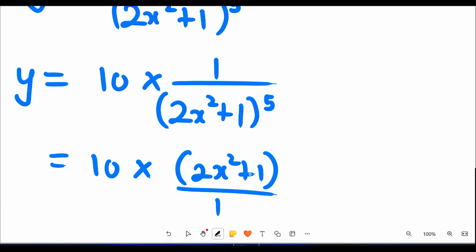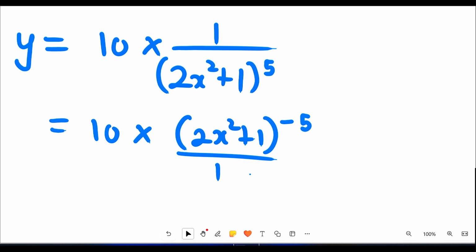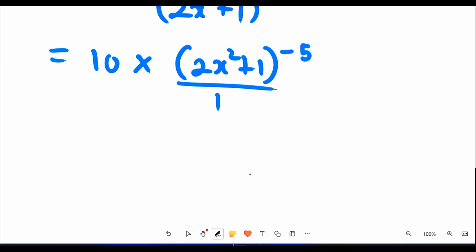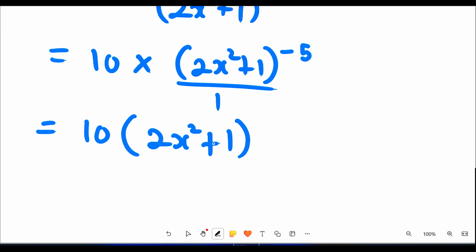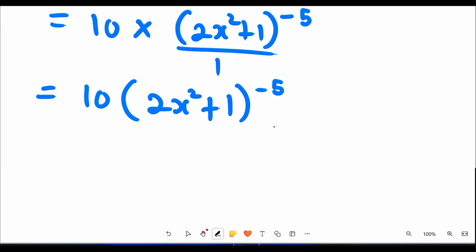The sign of the power changes to negative. All right, so here will be power 5. All right, so we now have it as 10 times (2x squared plus 1) in bracket having an exponent of negative 5. All right, so now let us differentiate this.